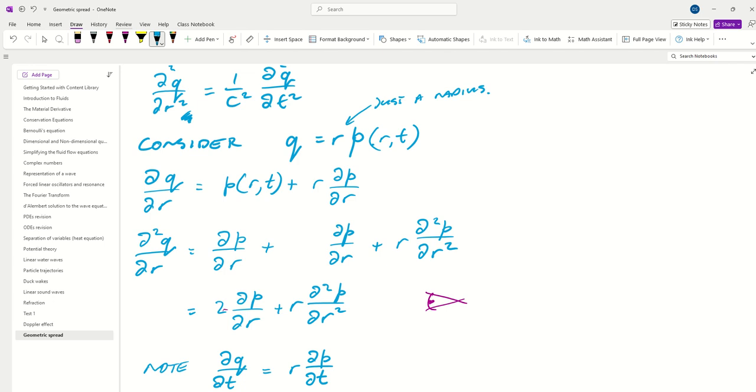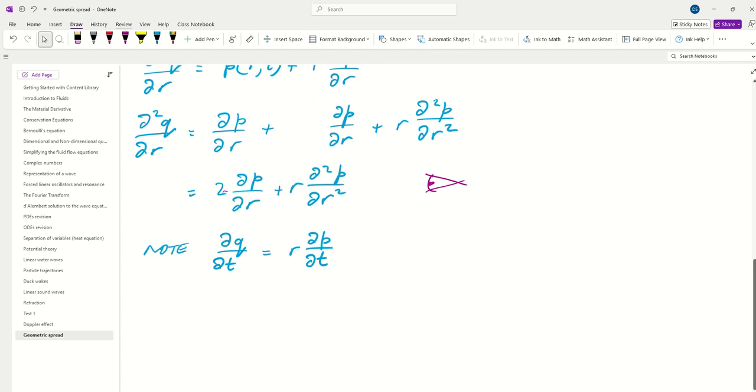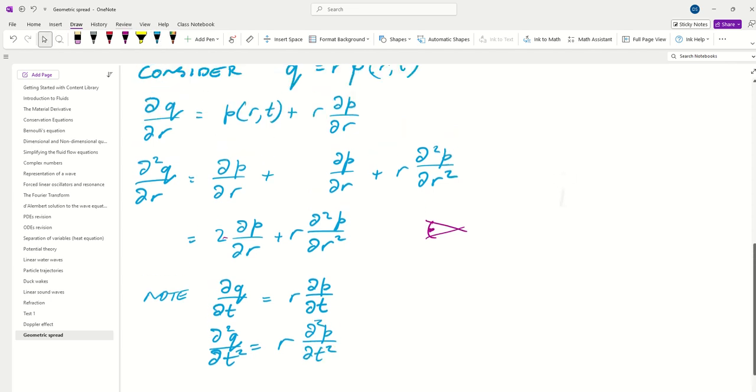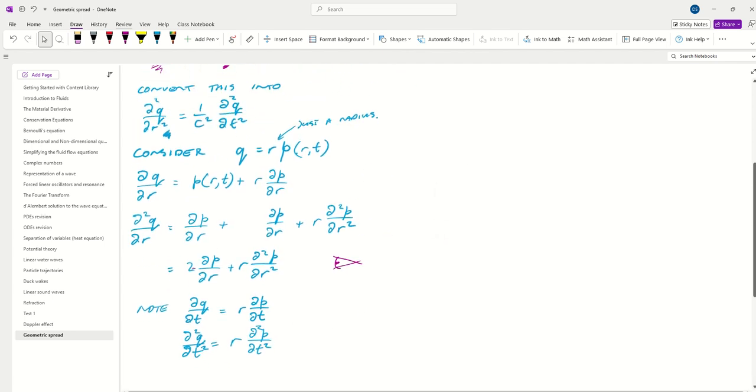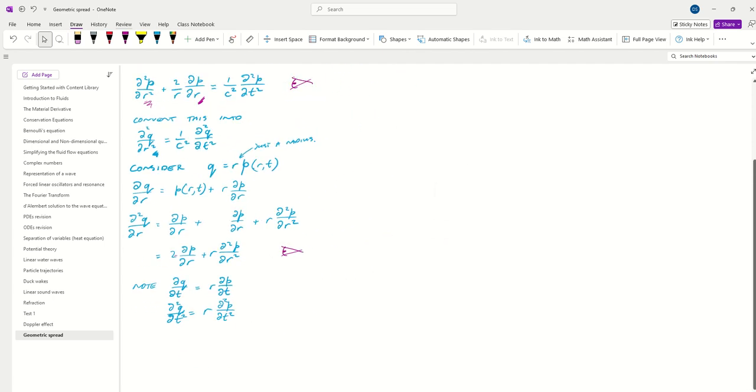So if I want to calculate the time derivative of q, I've just got r times the time derivative of p. So the second derivative of q with respect to time is then this. And I notice that I can indeed take this equation here, multiply by r, and then I've got an equation to do with q.